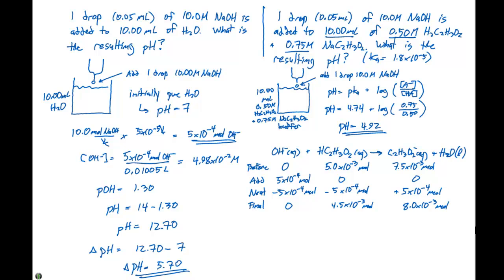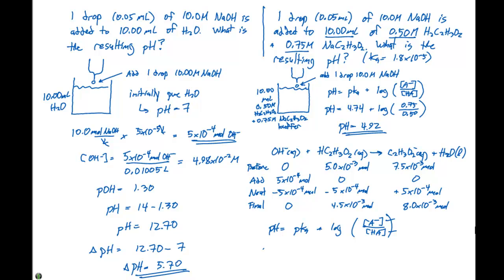Now, the reason we can do this is when we set up the Henderson-Hasselbalch equation, pH equals the pKa plus the log of the concentration of A minus divided by the concentration of HA. It becomes very nice because the total volume at the very end is going to be the same for A minus and for HA.